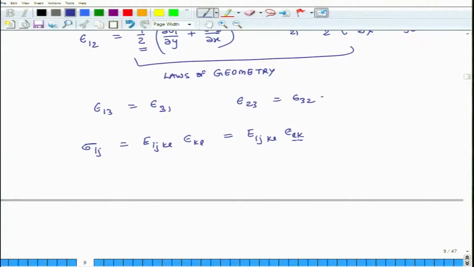And if that is the case, then E ijKL has to be equal to E ijLK. Otherwise, this relation would not hold. Which means that these now have 6 different combinations, not 9.